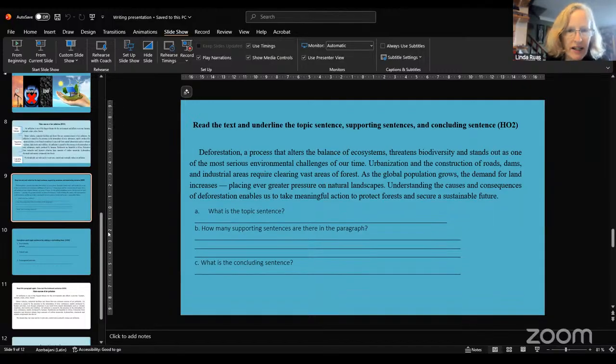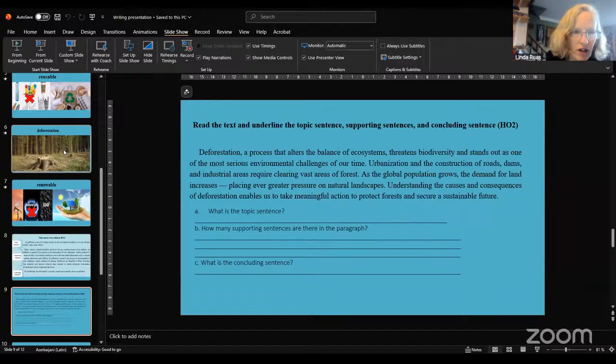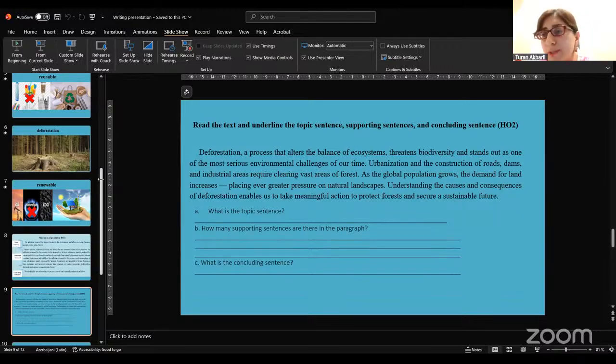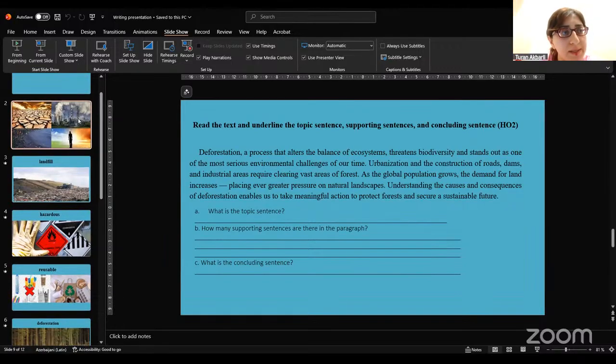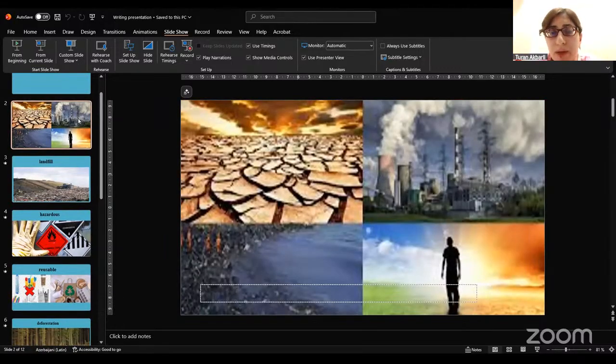You're talking about deforestation, urbanization, and stuff, but are you relating it to your country? Yeah, for sure. Here, I can give them two different writing tasks. First, in the warm up, I ask them, for example, what do you see here on these pictures?